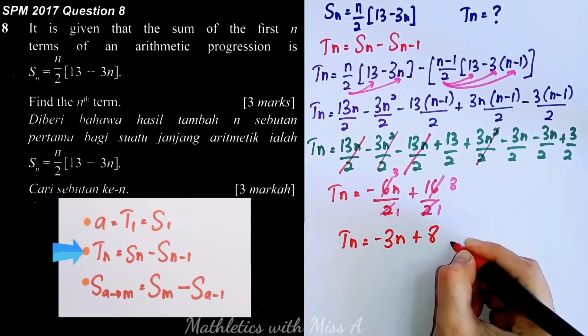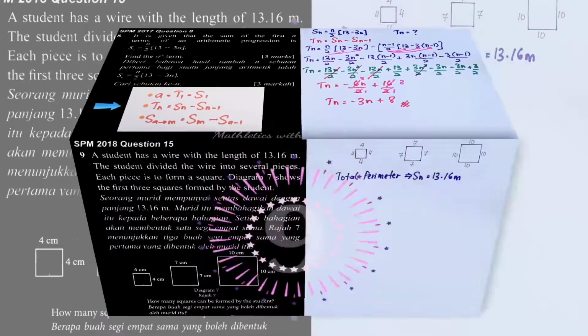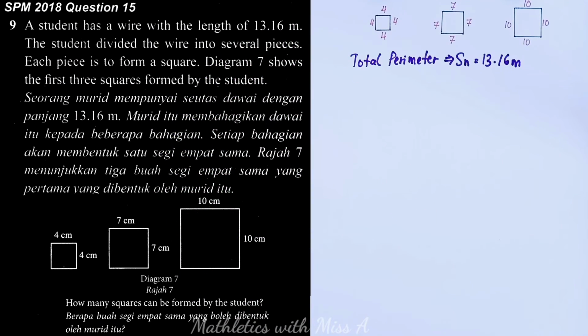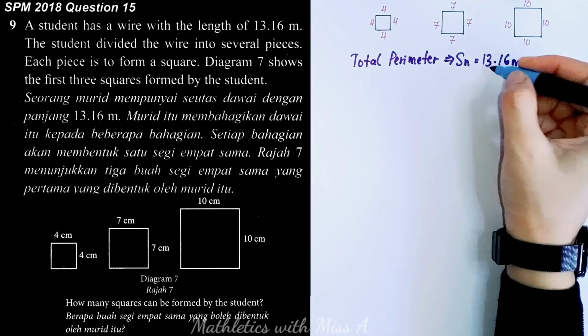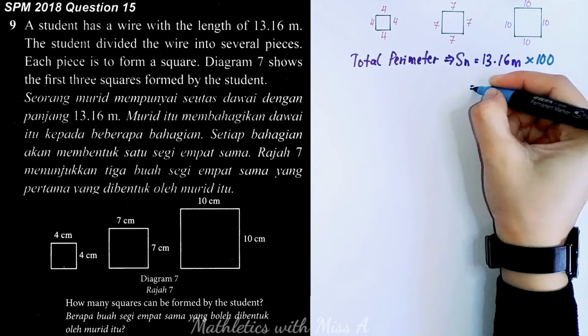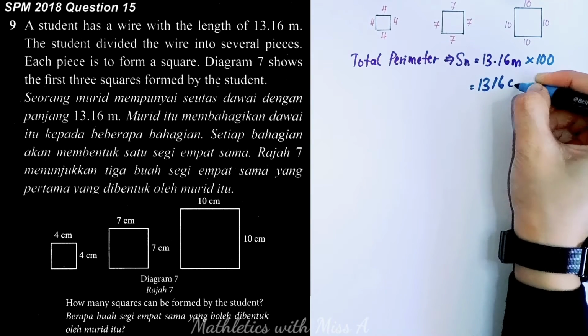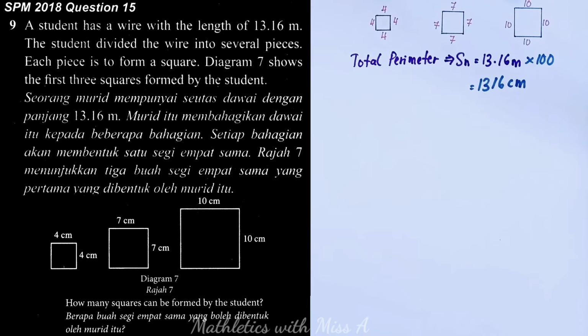So Tn equals negative 3n plus 8. A student has a wire with the length of 13.16 meter. The student divided the wire into several pieces. Each piece is to form a square. The diagram shows the first 3 squares. So the total perimeter Sn equals 13.16 meter times 100 to change to centimeter unit.